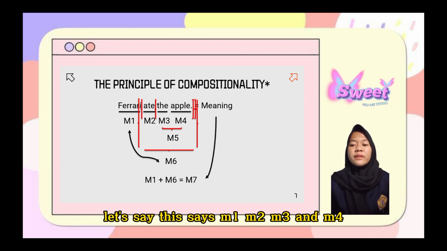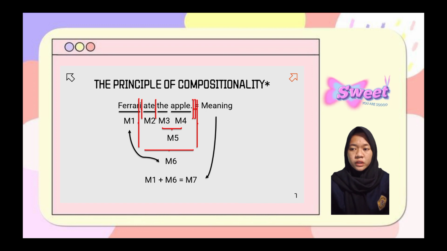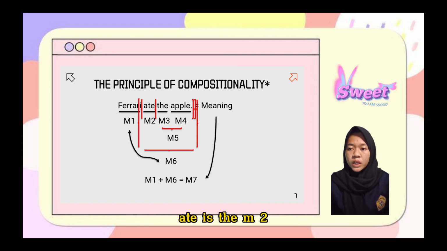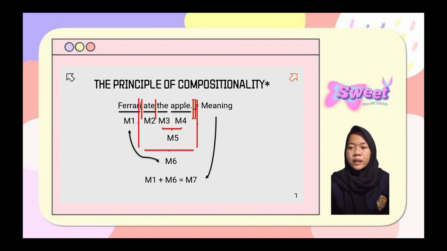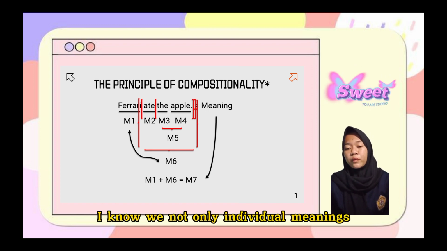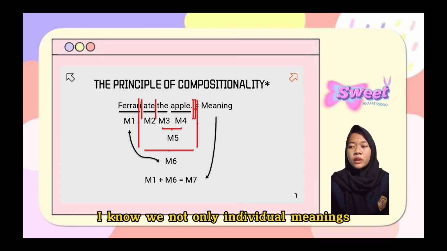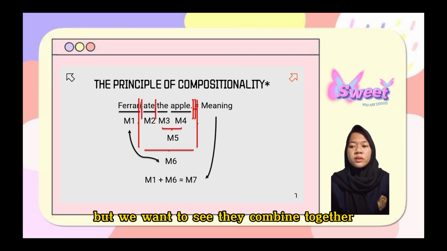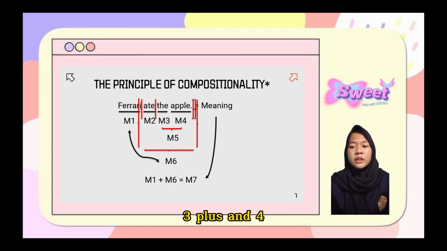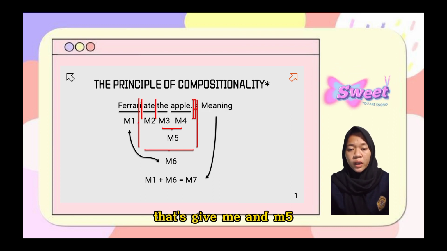How did we arrive at this meaning? Let's say the meanings are M1, M2, M3, and M4. So Ferrari is M1, ate is M2, the is M3, and apple is M4. We not only want individual meanings, but we want to see how they combine together. So we know that "the" and "apple" combined together is M3 plus M4.